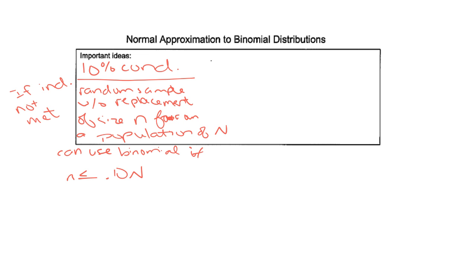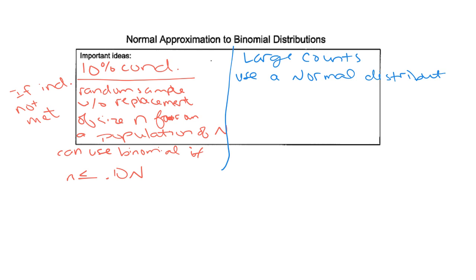Okay, and for our other big takeaway, that's going to be your large counts, which allows you to use that normal distribution. So again, remember, this stuff isn't going away. This allows you to use a normal distribution to model your binomial. I drew a histogram before, right?